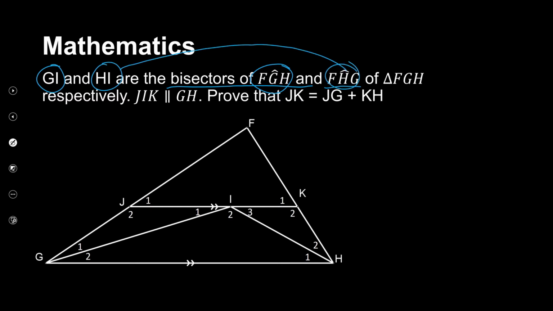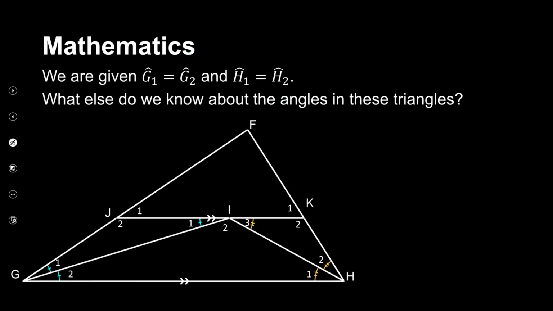To apply this, we know that we are given G1 to be equal to G2, because of the bisector. As a result, I1 is also equal to those two because of alternate angles. On the other side, I know that H2 and H1 are equal, which automatically will be equal to I3 because of alternate angles.